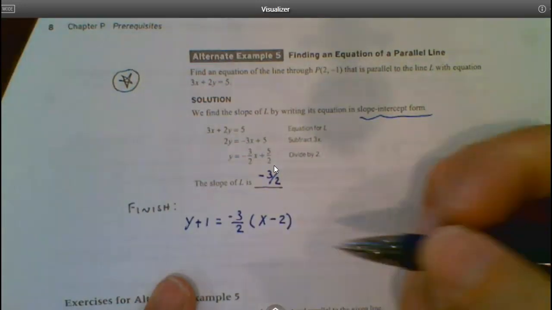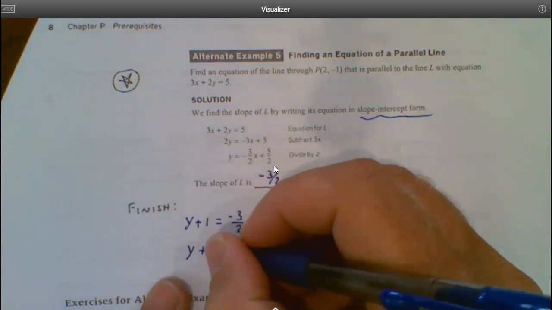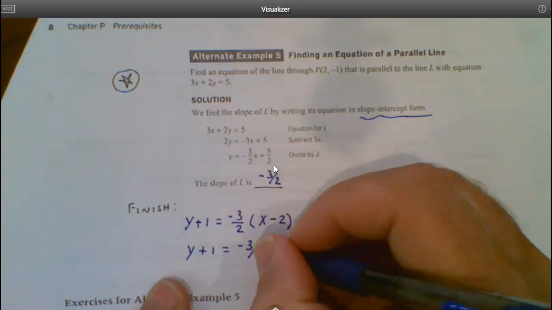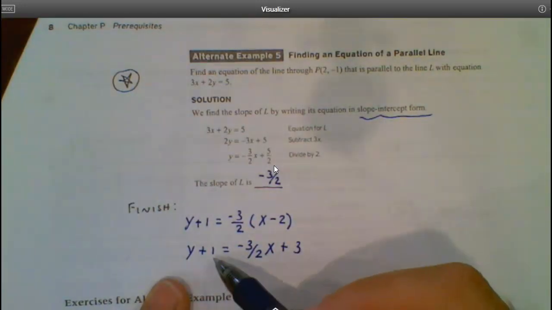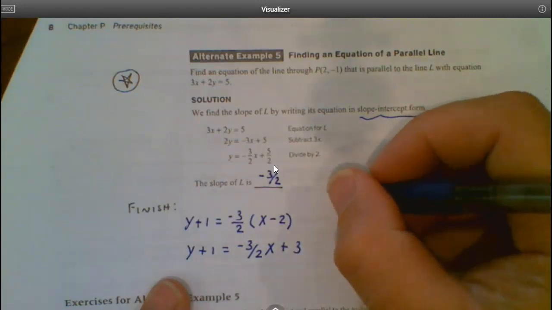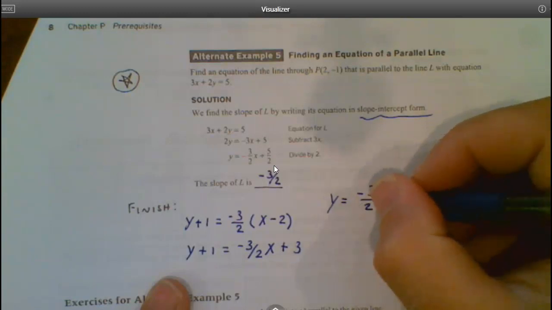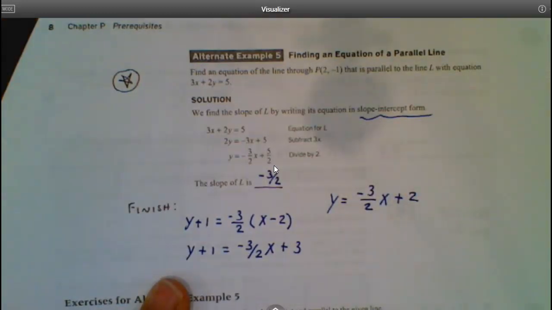So I'm going to distribute my fraction on the right. So it would look like this, and then subtract 1, and we got our answer. Comes out looking like this.